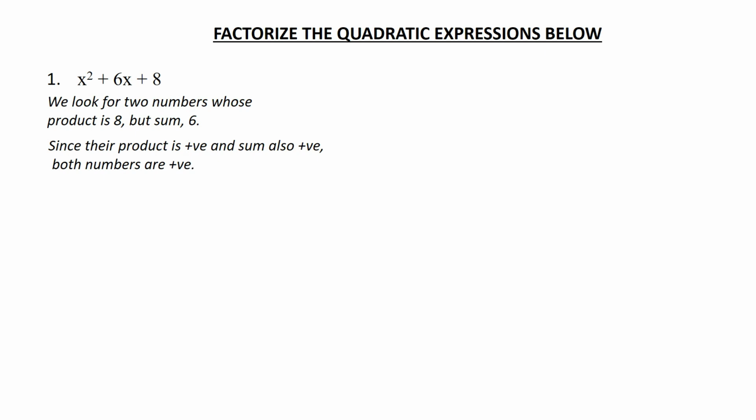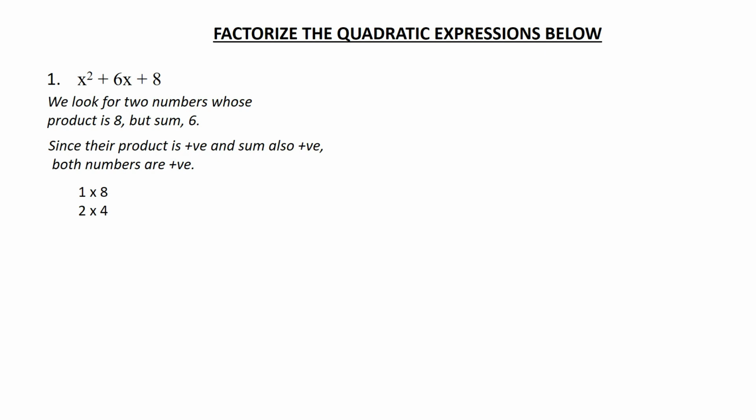Now someone will be tempted to continue and say 4 times 2 and 8 times 1, but notice we'll just be repeating. The two pairs that we have found are 1 and 8 and 2 and 4. Now, we think about it. Which two numbers can we add in these two pairs to give us 6? Clearly, it can only be 2 and 4, because 2 plus 4 is 6.